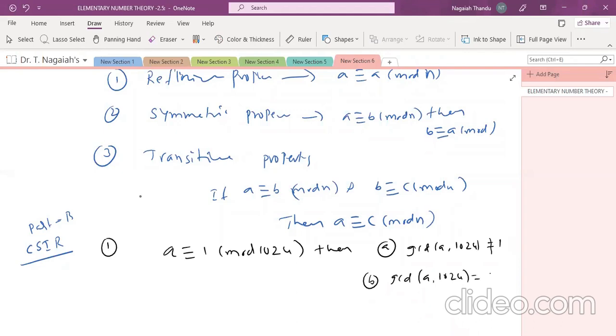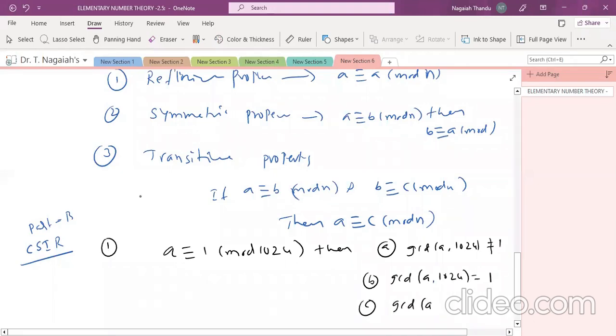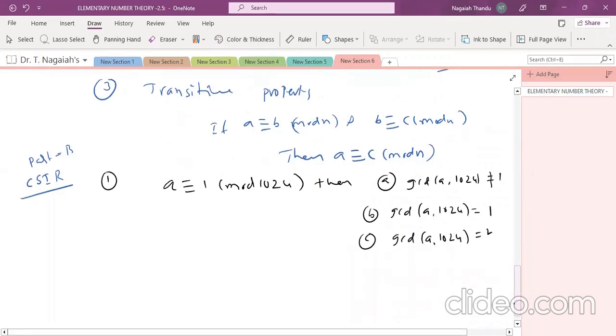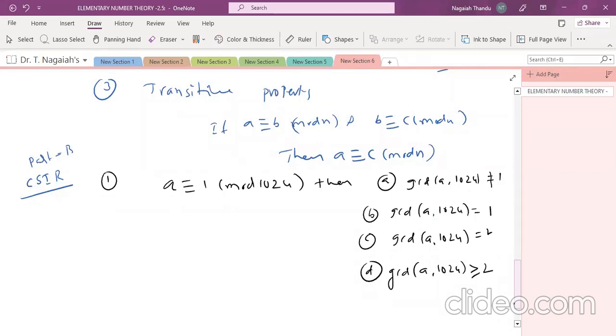The third option is GCD of a, 1024 is equal to 2. D, GCD of a, 1024 is greater than or equal to 2. These are the 4 options.